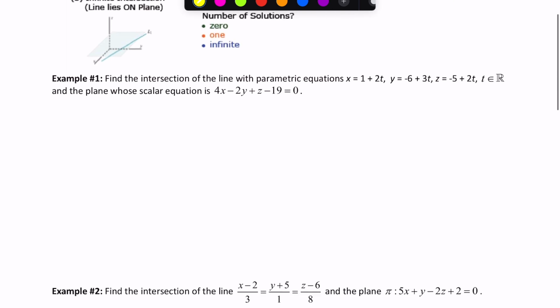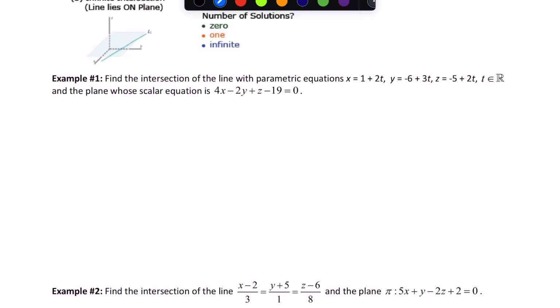Example number one says to find the intersection of a line with parametric equations x is equal to 1 plus 2t, y is equal to -6 plus 3t, and z is equal to -5 plus 2t, where t is an element of real numbers, and the plane whose scalar equation is 4x minus 2y plus z minus 19 is equal to 0.